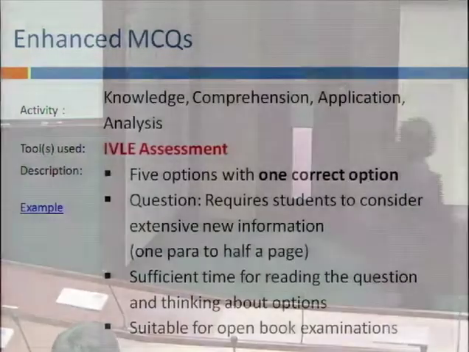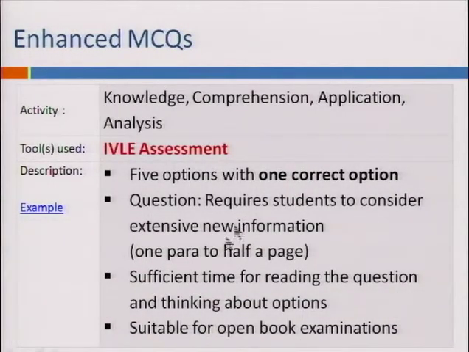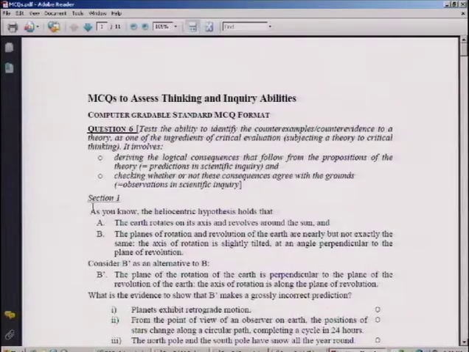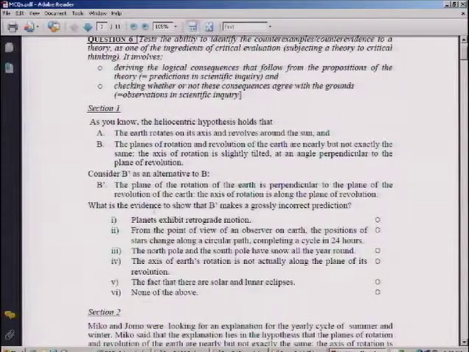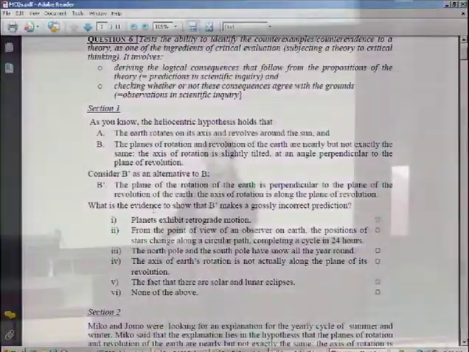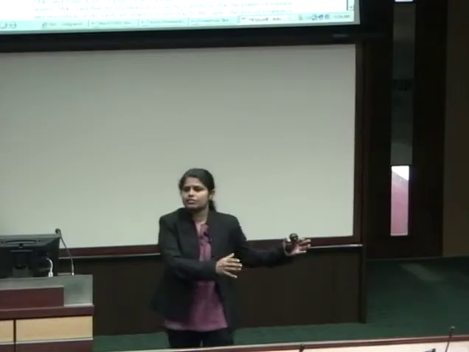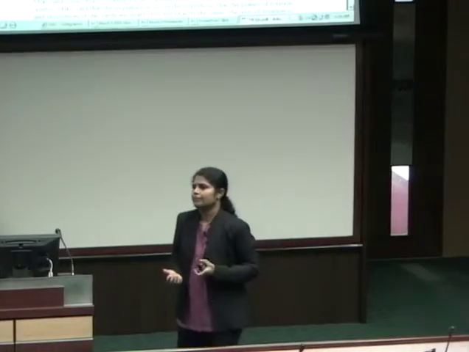Let's say, for example, a question is like this. Okay? They don't just come in, just put in the answer there. They need to read. They need to understand. They need to comprehend what is there in that question before they can actually click on their answer. So when you're doing MCQs, don't just resort to the standard MCQs, but go beyond it, right?